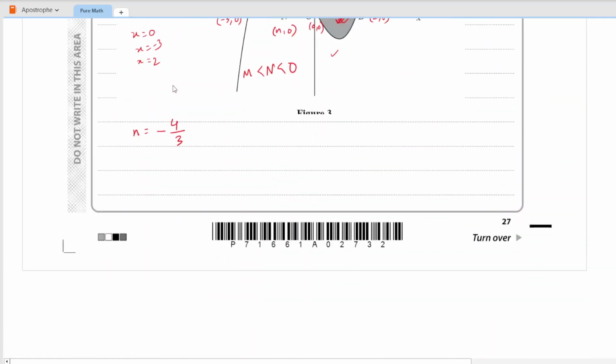So y is equal to x, this is basically the x value, x into x plus 3 and x minus 2.